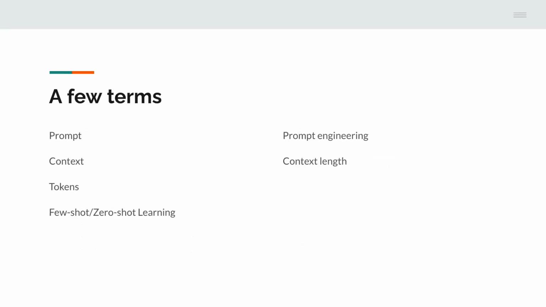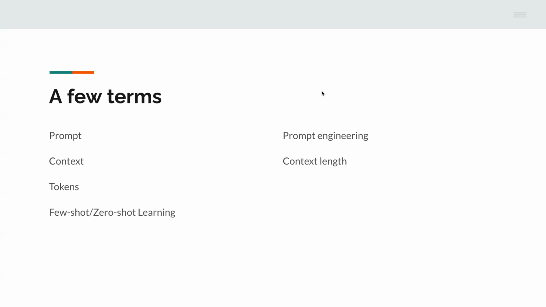All right, before we go into the demo, there are just a few terms that I want to get out of the way. So basically, prompt and context mean very similar things. These are the information, or the questions, that you pass to the large language models.